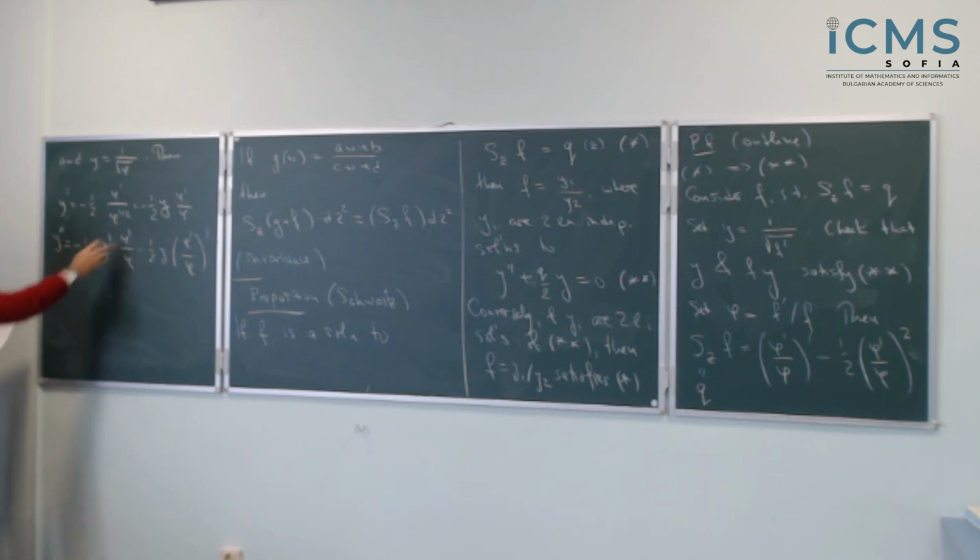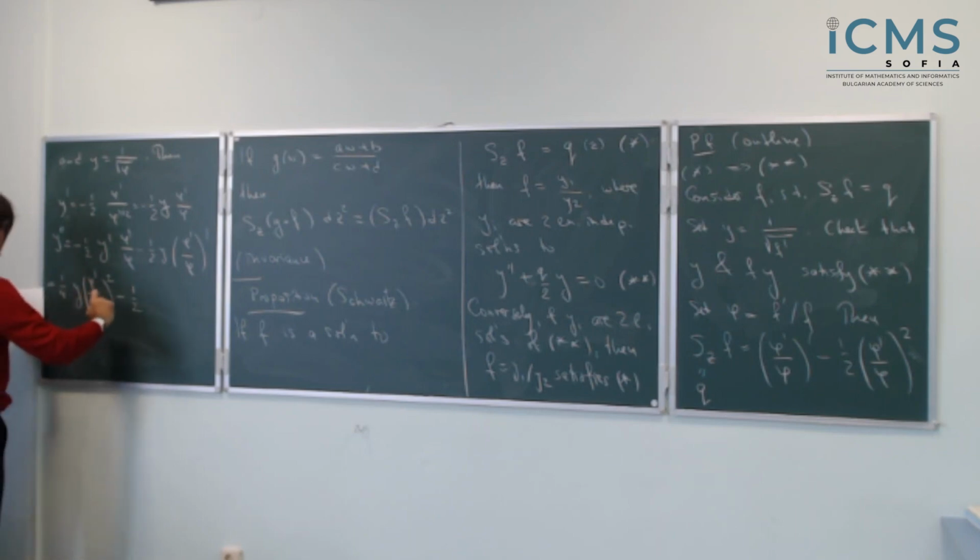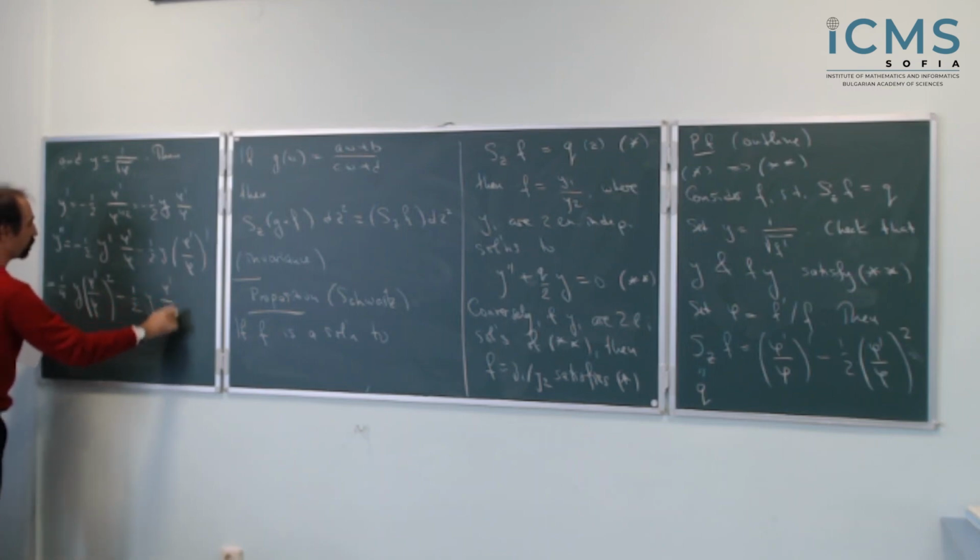And then we plug the previous step in, right? So this is a quarter y times (phi prime over phi) squared, minus a half y times (phi prime over phi) prime.